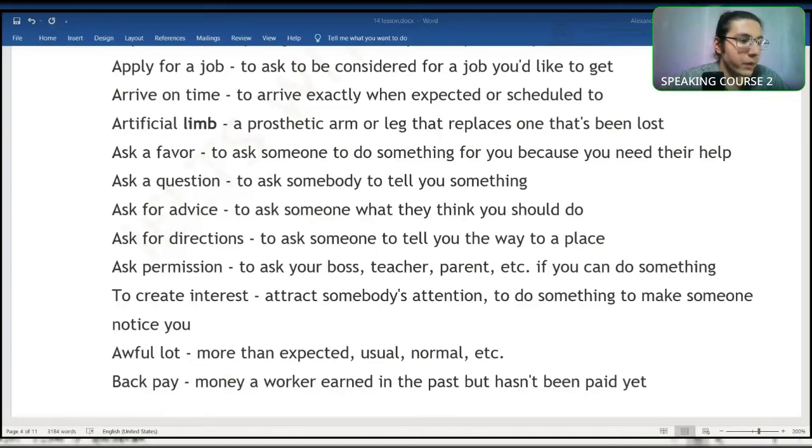Okay, so we have the poll. Okay, 29 votes. Let's wait for a little bit more. Guys, right now, please answer the poll in your chat. It's Speaking Course 2. Answer the poll there, and whenever we get to 40 votes, we are going to be making the decision.